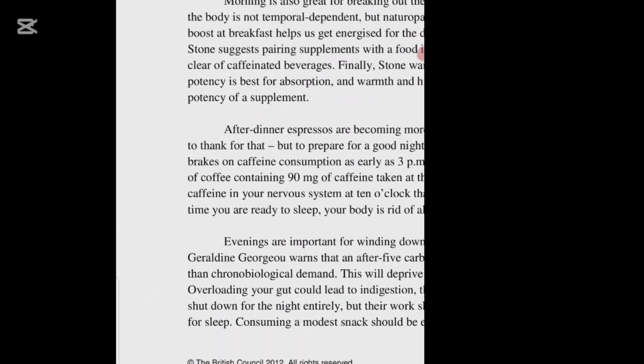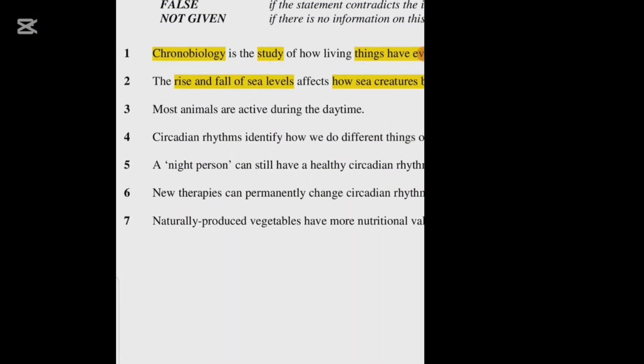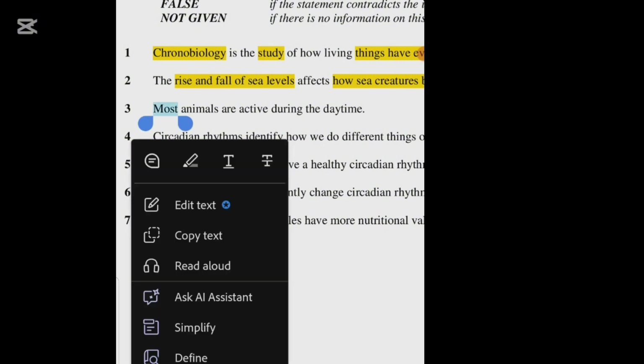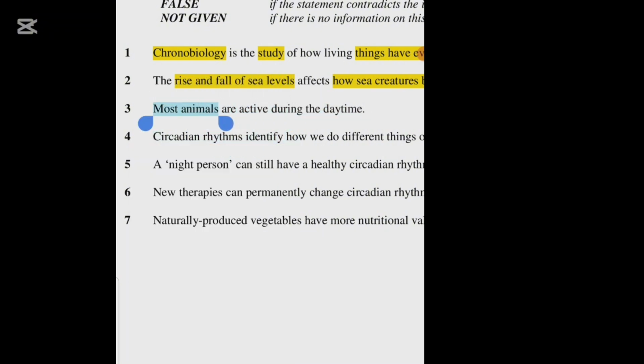For the next question, moving on, the third question, remember I'm following it chronologically and see how it is working. Most animals are active during the daytime. So keyword most animals, active is the key verb, of course, being active during the daytime. So we don't expect that they may mention daytime. Daytime can be rephrased in so many ways. It can be during the day, it can be during the period of sunlight.